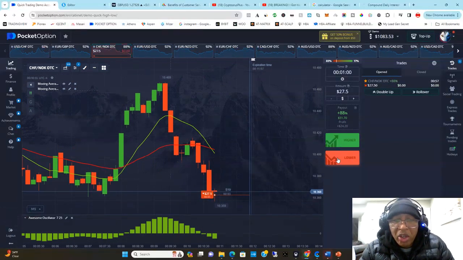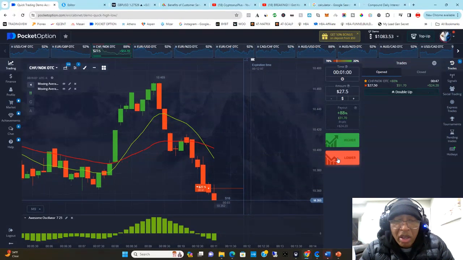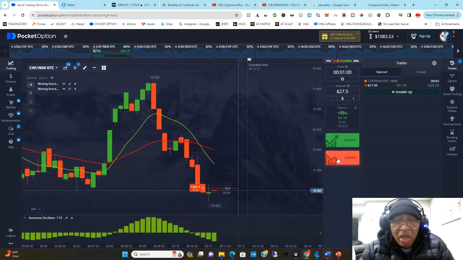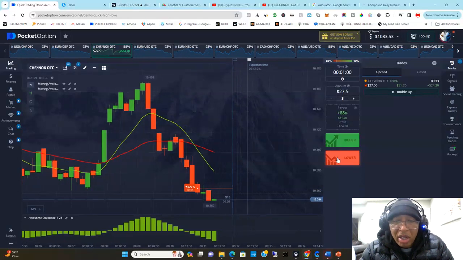All right, so I jumped in here, even though the setup doesn't look so good, but let's take our chances here. Okay, we are taking our chances with this one, even though the setup doesn't look that great. It can easily turn against us, but we took that trade, we took that risk.